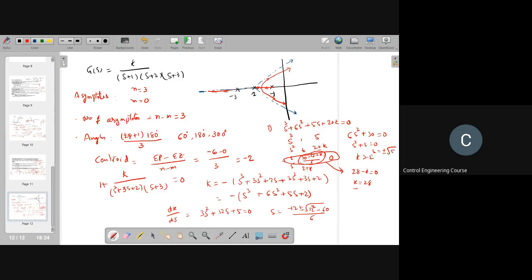So at s is equal to plus or minus root 5, this is plus or minus j root 5. Is it clear now? This is how you calculate at what point the root locus crosses the imaginary axis, and at what value of k it is crossing. At k equal to 28.